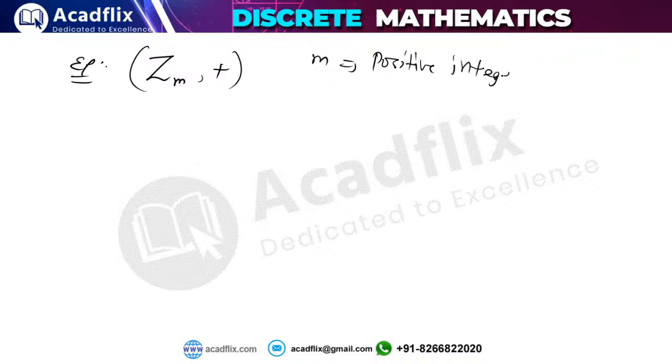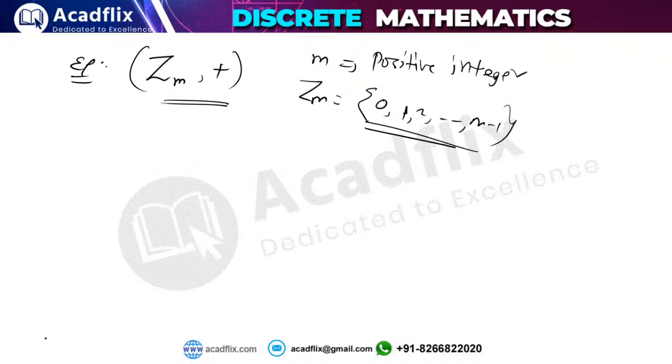So what is Z_m? Z_m is nothing but the set 0, 1, 2 and so on till m minus 1. Now let's see whether this is a group or not. Let's take Z_5 with plus.